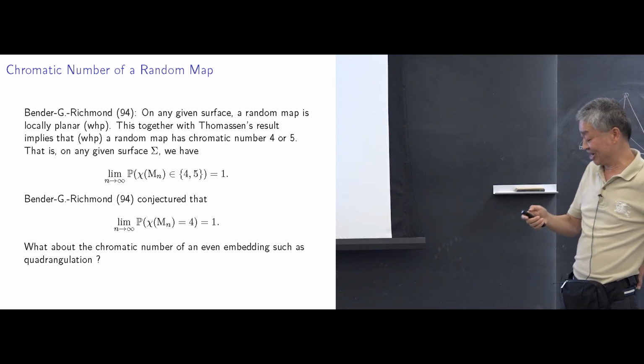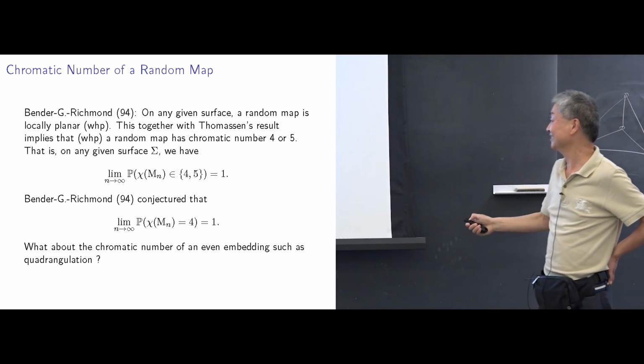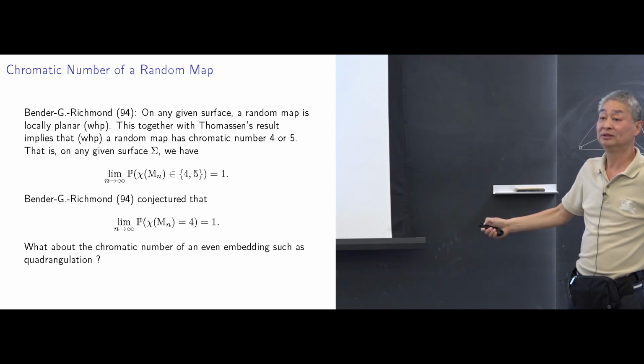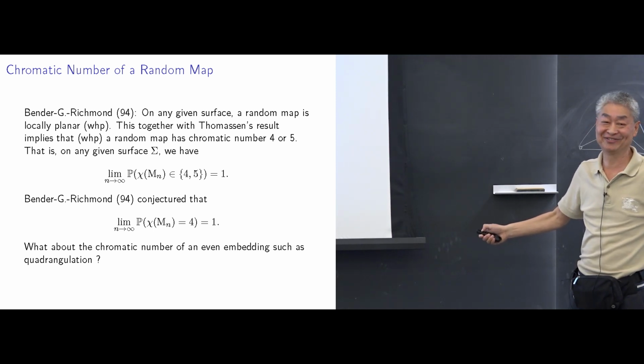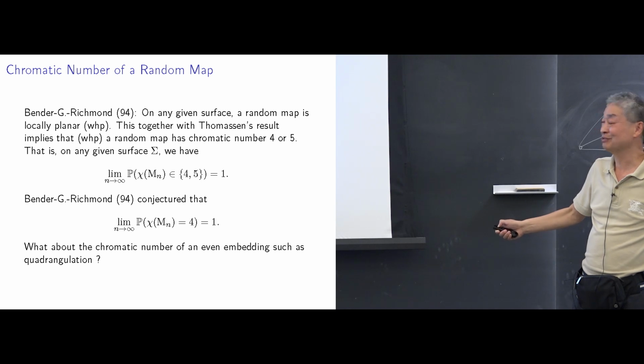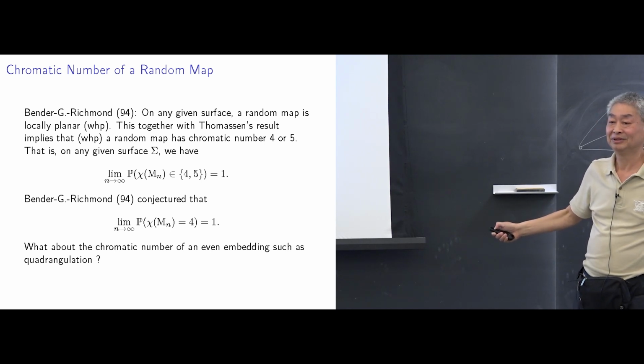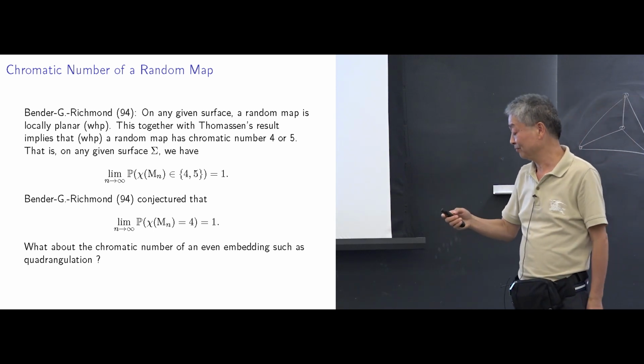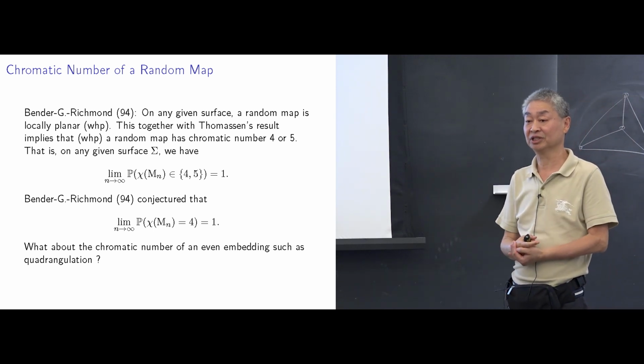We actually made a conjecture in that paper saying that you can narrow this down to 4. But it seems to be difficult to prove or disprove this, right? Because of the Fisk's construction I mentioned earlier.